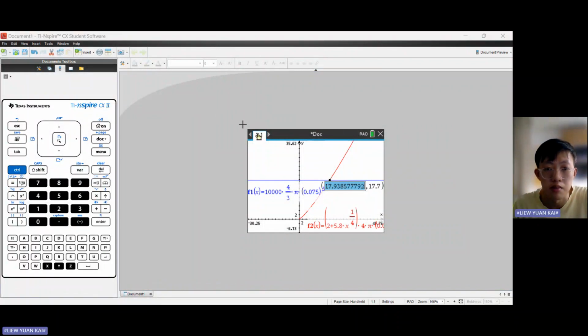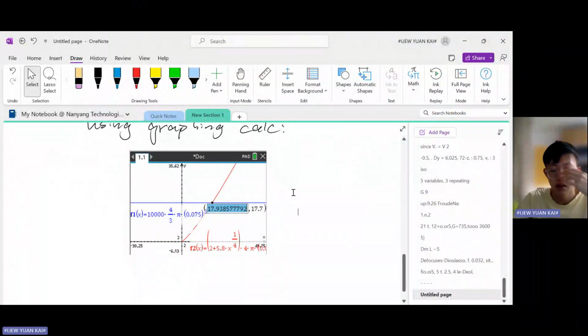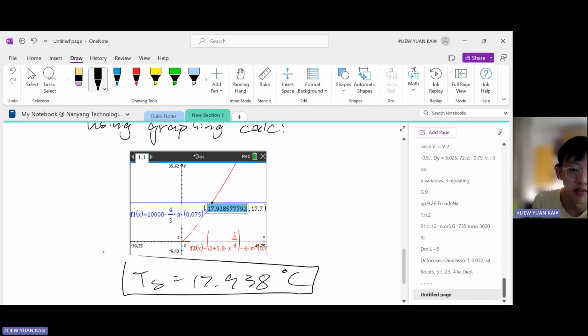So let me capture this, and let me switch back to my OneNote. Okay, so we know it intersects where T is equal to 17.938. Yeah, so this is our surface temperature. So we've already found the surface temperature. Now we need to find the center temperature.